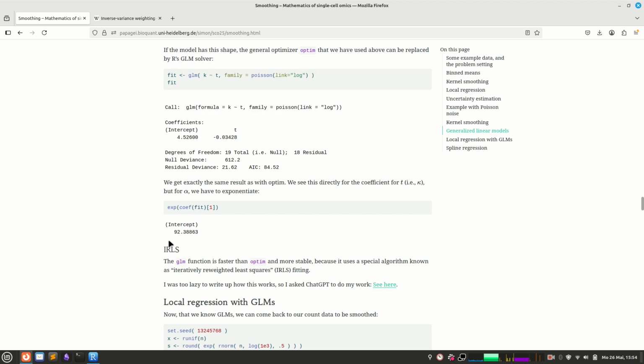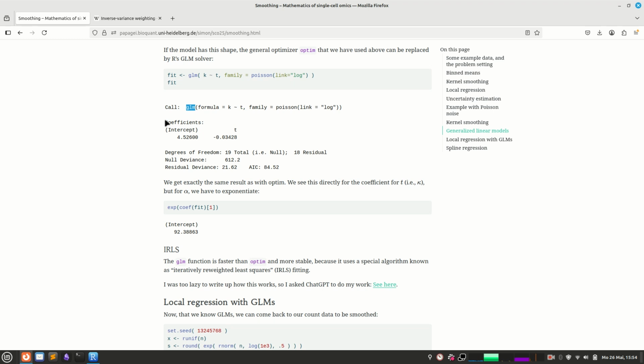The difference is that the GLM function doesn't use Nelder-Mead. It uses something called iterated reweighted least squares, which works as follows. It takes the predictor and the response variables. In IRLS, you take the response variables and push them through your link function, so you take the logarithm.